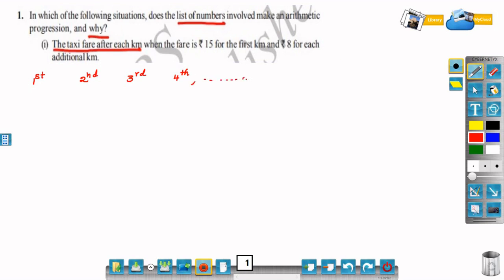Now for the first kilometer, the taxi fare is rupees 15, and rupees 8 for each additional kilometer. Now for the second kilometer, the taxi fare is 15 plus rupees 8 additional charge, 15 plus 8.